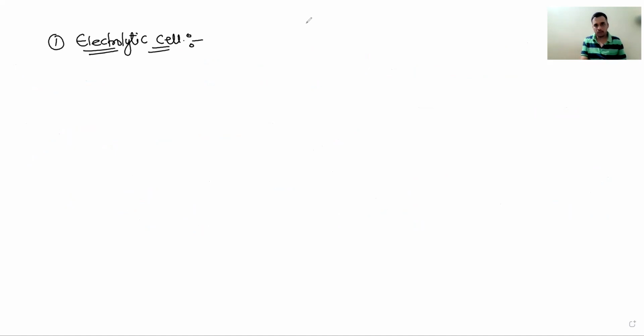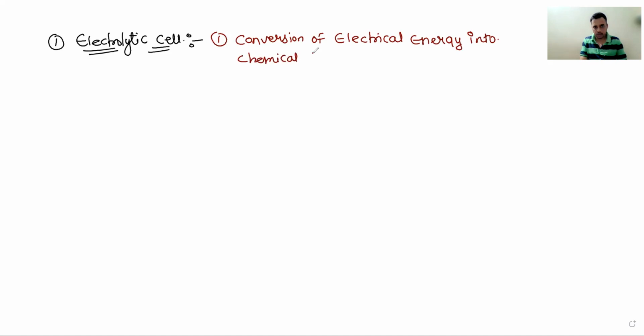It is the conversion of electrical energy into chemical energy. We have seen that the input is electrical energy. Okay, this is the first point that we have to keep in mind.